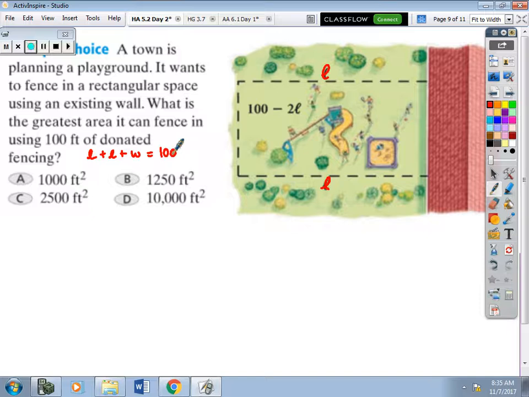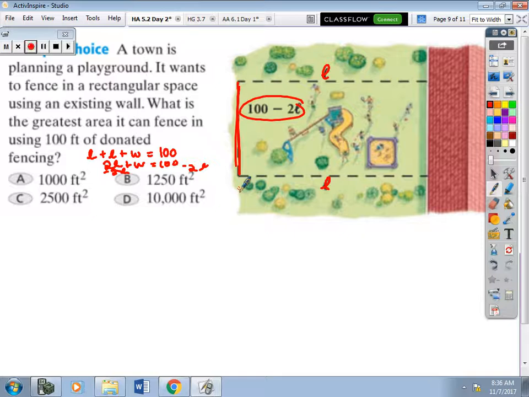So what they did was they actually solved for W by combining 2 L's to get 2L. And then they subtracted 2L on both sides. And that's how they got this expression to represent that length. Okay, in the future, you might have to come up with that on your own. We'll practice one of them tomorrow. But in this picture, they gave it to us.